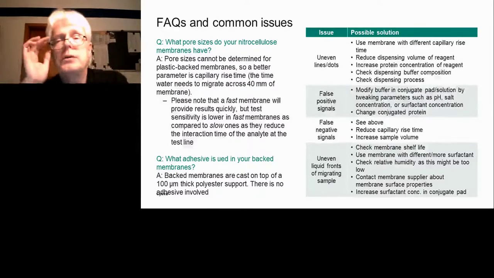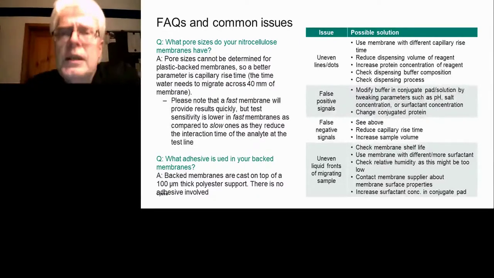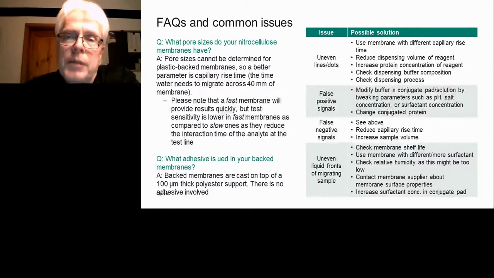A couple of issues is listed on the right of the slides, including possible solutions. So what is frequently seen: uneven lines or dots during the dispensing process. You may use different membranes with different capillary flow times. You may change the dispensing rate of the reagent, perhaps including reducing the dispensing volume.